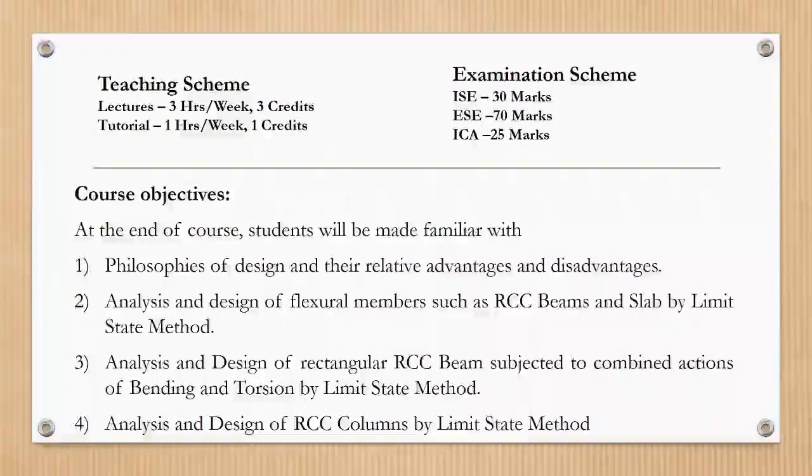After the completion of this course, the students will be made familiar with philosophies of design and the relative advantages and disadvantages, analysis and design of flexural members such as RCC beam and slab by using limit state method, analysis and design of rectangular RCC beams subjected to combined action of bending and torsion by using limit state method, and analysis and design of RCC columns by using limit state method of design.